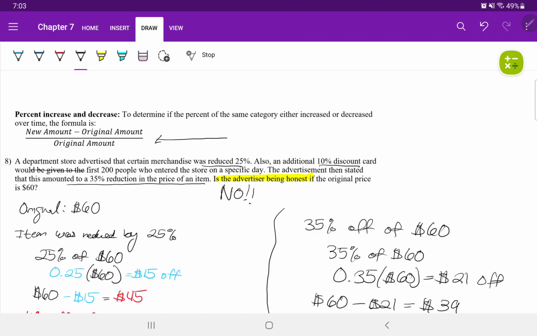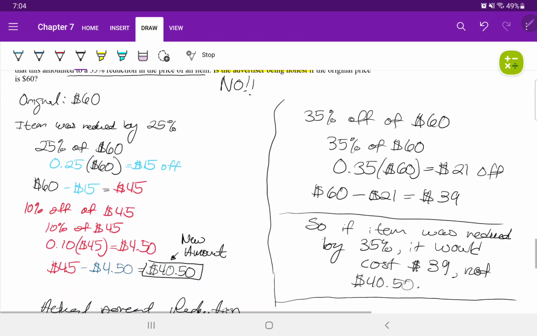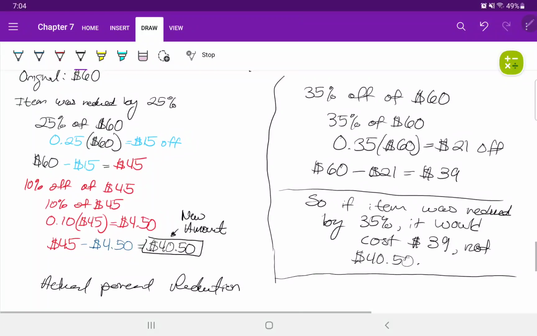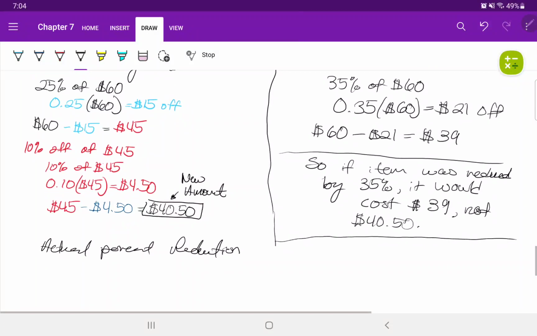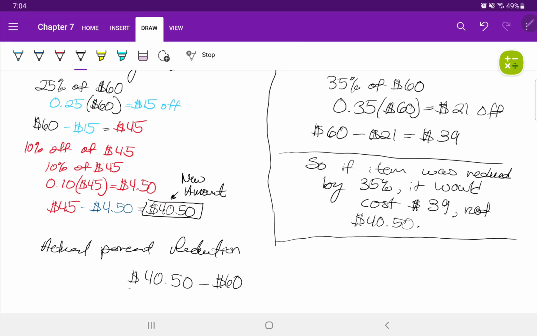If the outcome is negative, that means it is a reduction. If the outcome is positive, that means we have an increase. So the original amount is 60 and the new amount is $40.50. So that's going to be the new amount, $40.50, minus the original amount, $60, divided by the original amount, $60.